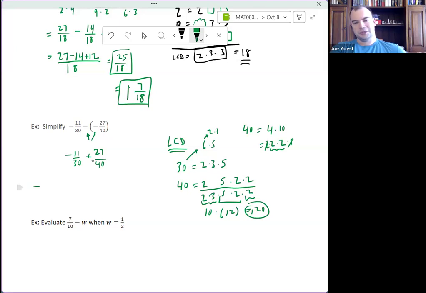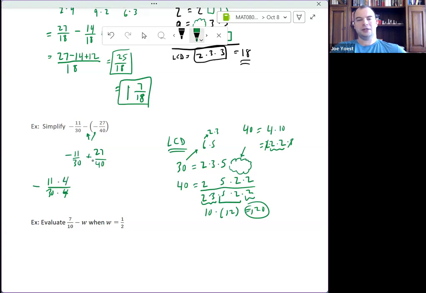So I want minus 11 over 30, and I want to multiply top and bottom by something to get a denominator of 120. I see that the 30 is missing these two factors of 2 that were needed to make the 40. So I need to multiply by 2 times 2, or by 4. 4 times 30 is 120, so that looks good.